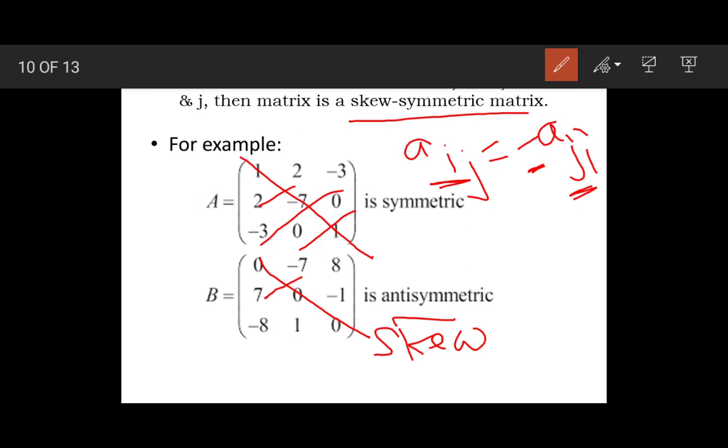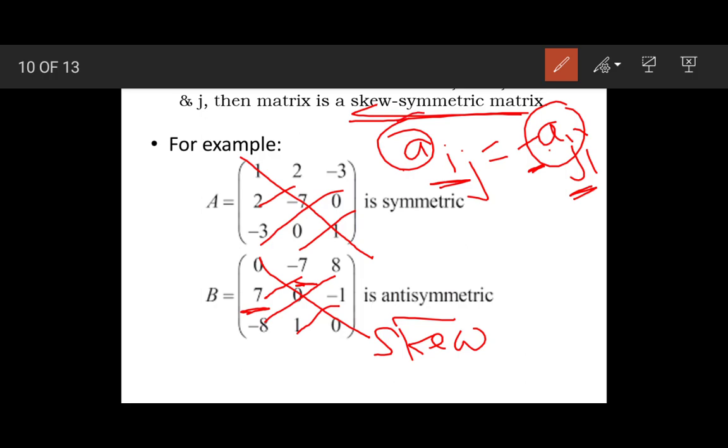The number is the same, 7, but here it is minus 7, so here will be 7. Sign should be opposite. So 8, then here it is minus 8. Minus 1, then here should be 1. If the value is the same but the sign is opposite, then the matrix is a skew symmetric matrix. And if the value is the same, sign is the same, then that matrix is a symmetric matrix. Clear?